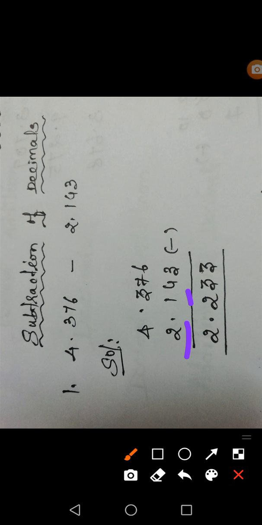So how to subtract it? Start from the ones place, tens place, hundreds place. 6 minus 3, 3. 7 minus 4, 3. 3 minus 1, 2. 4 minus 2, 2. So the solution is 2.233.